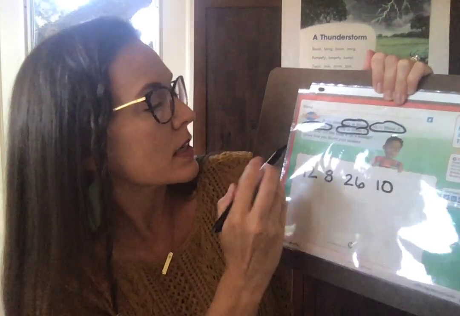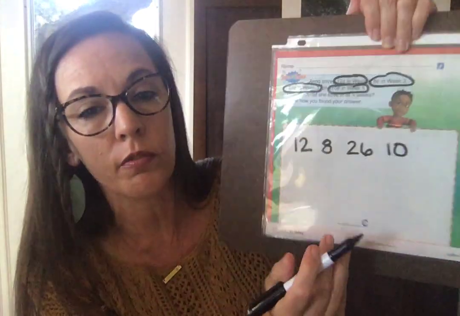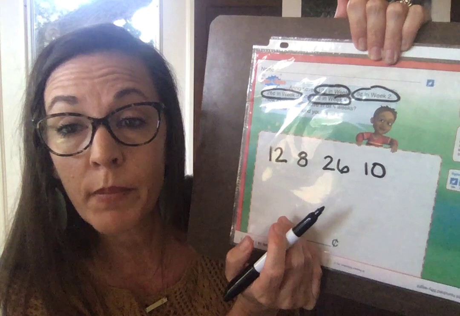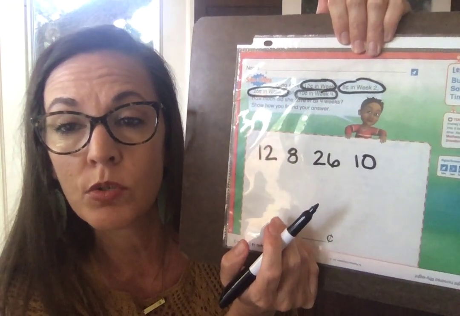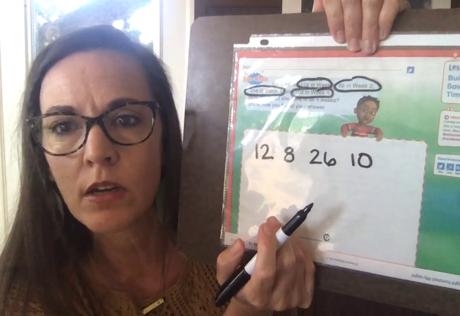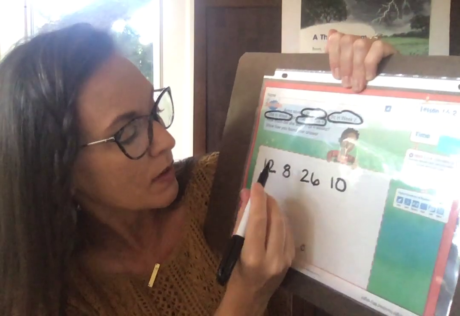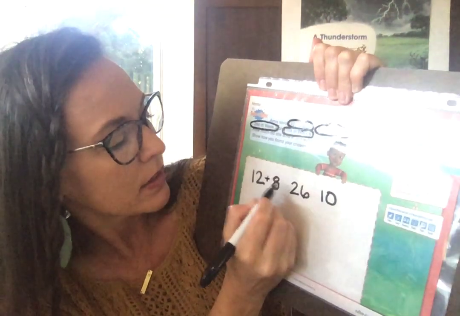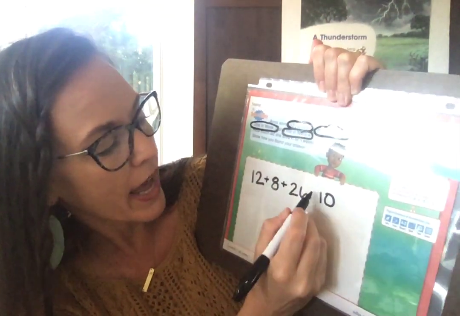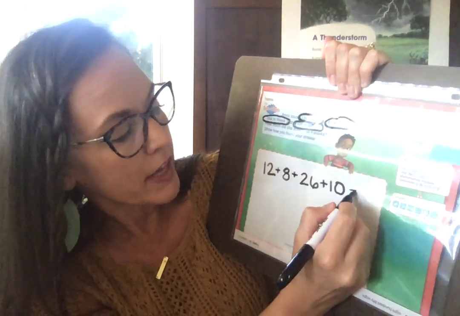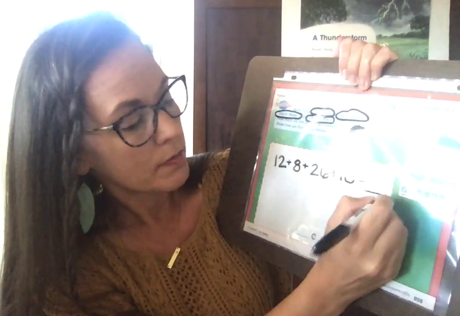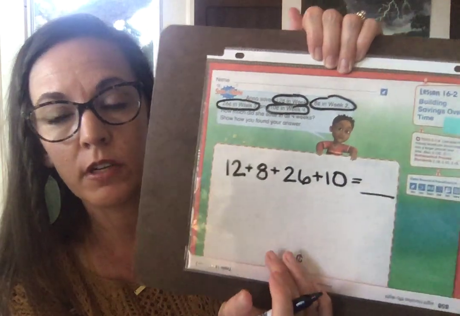And the question asks us, how much did she save in all 4 weeks? So we're thinking mathematically, what would I need to do to find out how much she saved in all? If you said add, then you got it. We're going to add these all together to find the total amount, how much she saved in all.